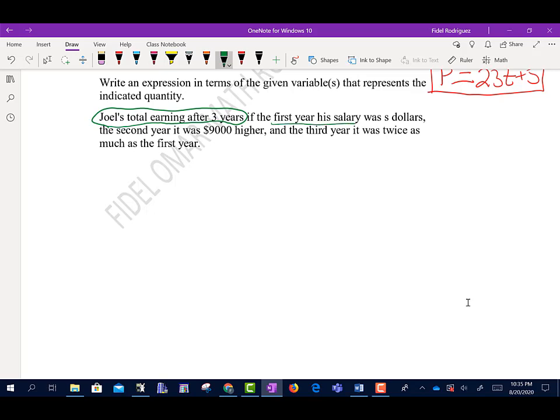His first year salary was S dollars. So in year 1, he made S. Okay. The second year, it was $9,000 higher. So whatever he made first, plus another 9,000.